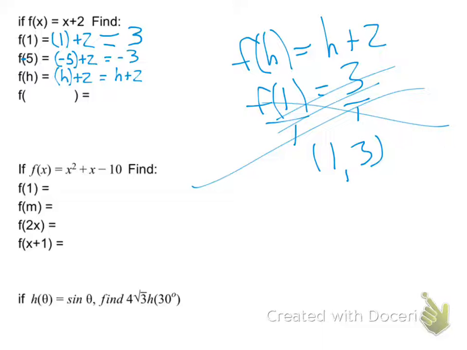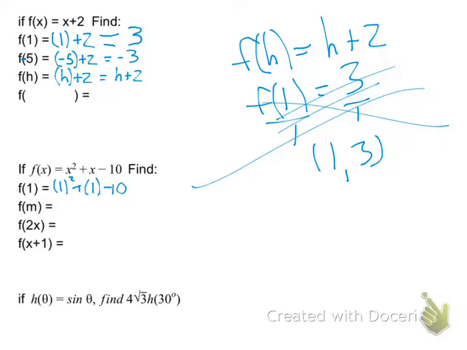And so, let's do f of 1 again. F of 1 again is 1 squared plus 1 minus 10. We have parentheses.